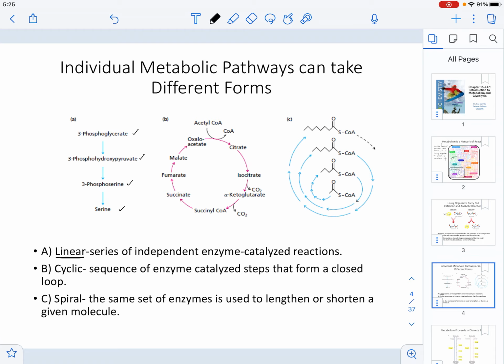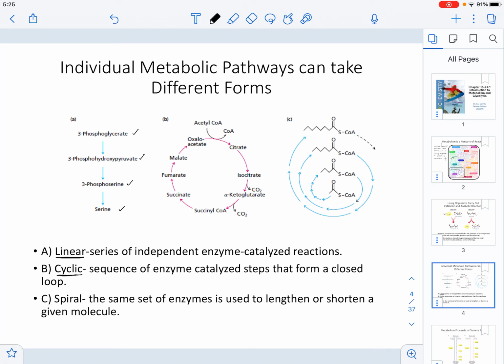We can also have a metabolic pathway which is cyclic. A cyclic metabolic pathway is a sequence of enzyme-catalyzed steps that form a closed loop.